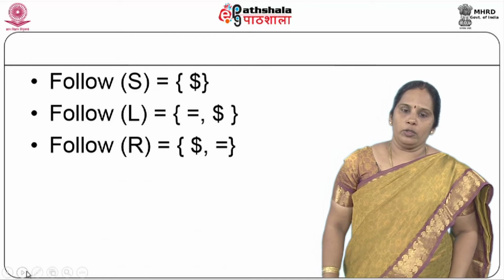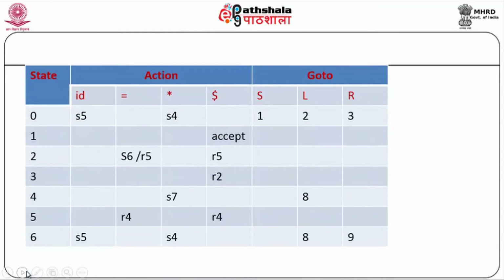After computing the follow set, now it is time to compute the parsing table. The parsing table, as you could see, I0 comma ID has L produces ID as a production. So, that basically went to the item number 5. So, I have S5 here. I0 comma star is I4, so I have S4 here.